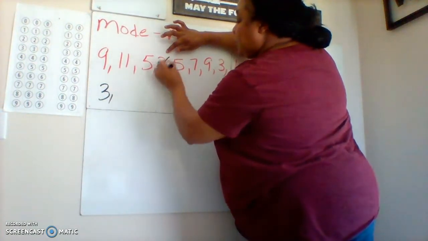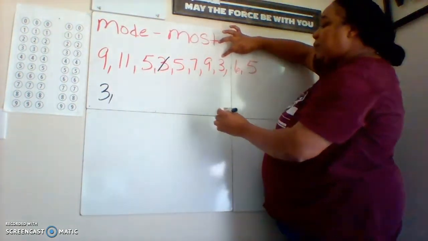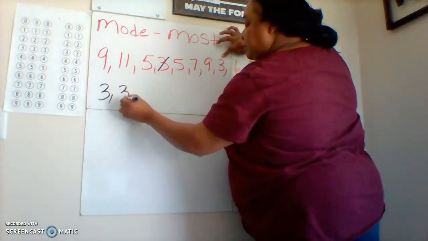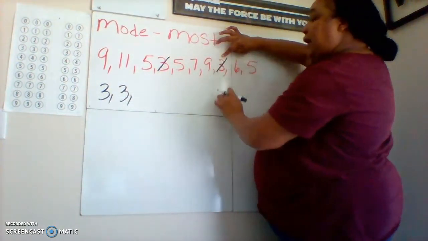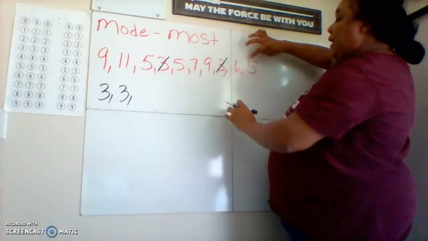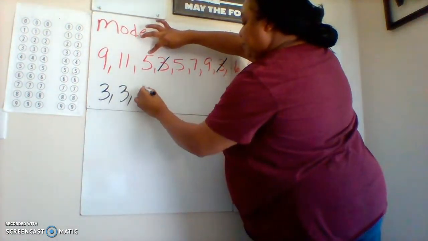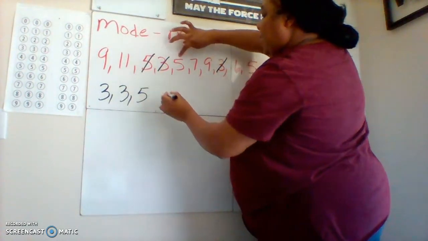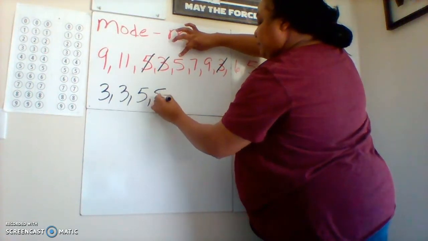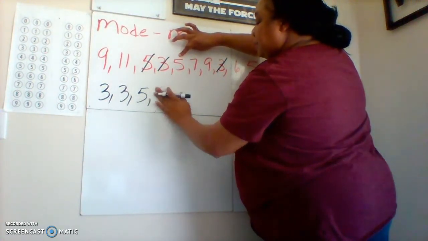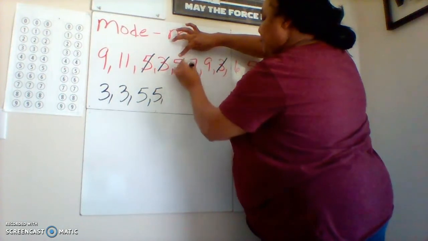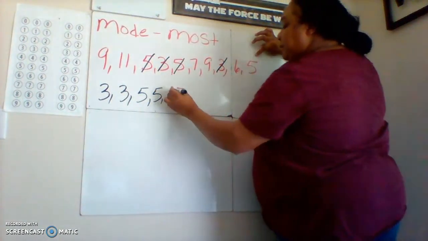3. Let's see if we have another one. I have another 3. Okay, I'm out of 3s. I have 5. I have another 5. And I have another 5.